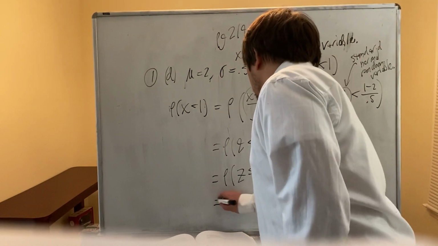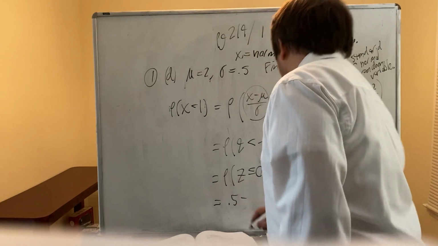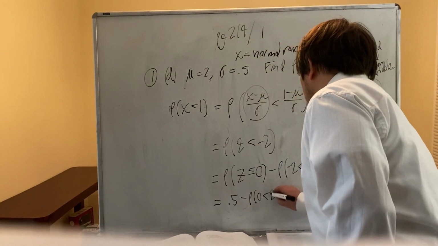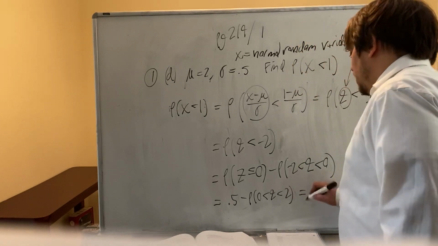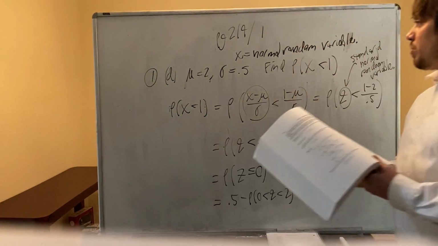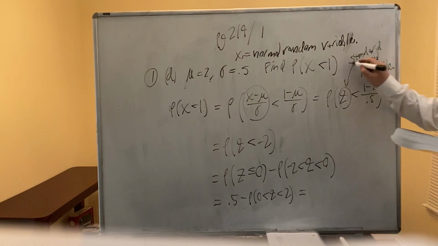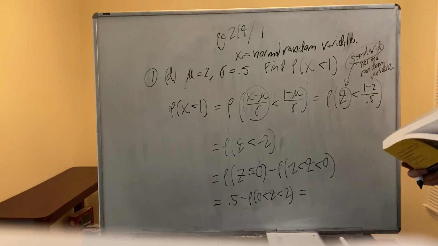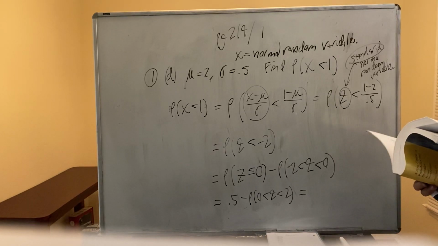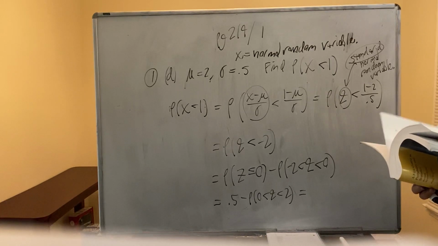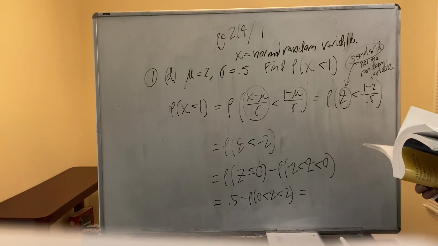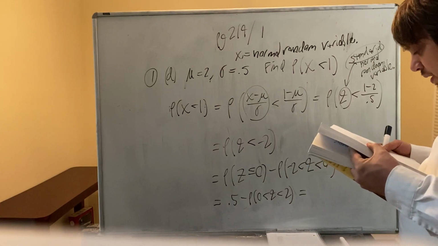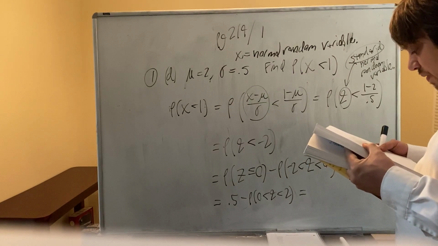And that's equal to 0.5 minus, because of symmetry, the probability that 0 is less than z less than 2. Z is a standard normal random variable, and you can use the table for a standard normal random variable. It's not enough to have a normal, you need a standard normal. Okay, so applying the table to this situation, you get that the probability is 0.4772.